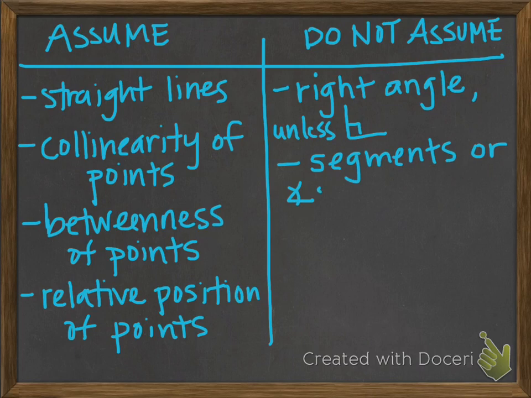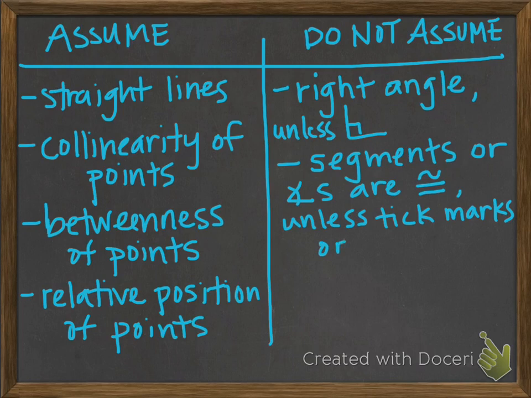I'm going to use the angle symbol and the congruent symbol because we got to practice our symbols. So we'll say, unless there are the tick marks, like we learned in the last set of notes, or the arcs that indicate that angles are congruent.